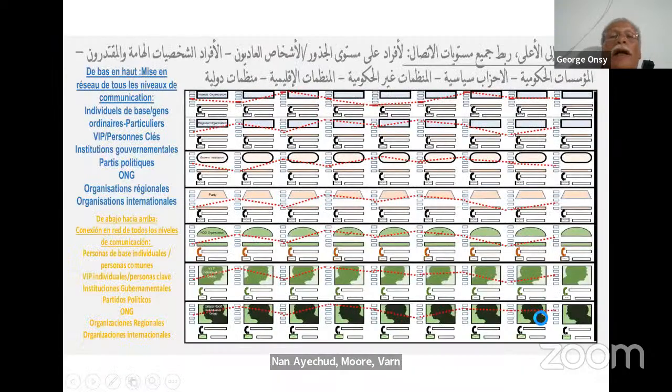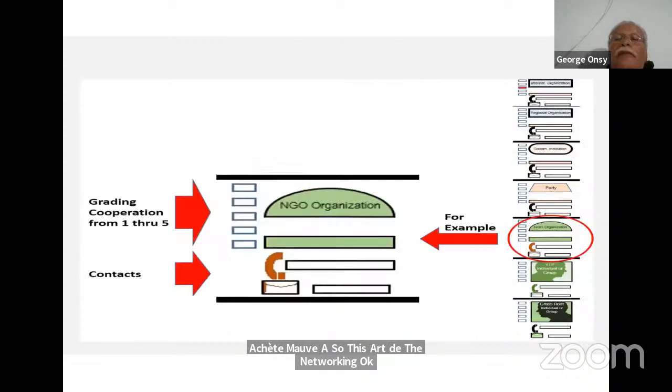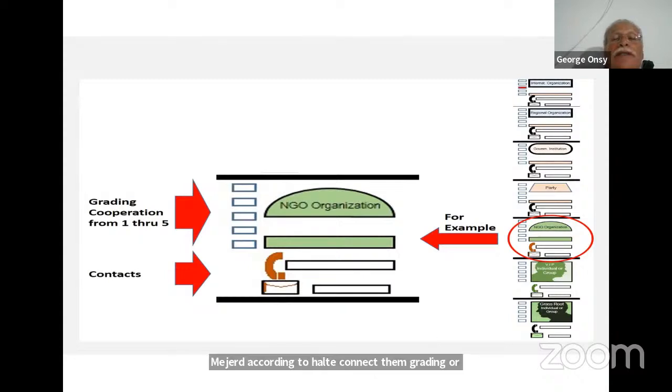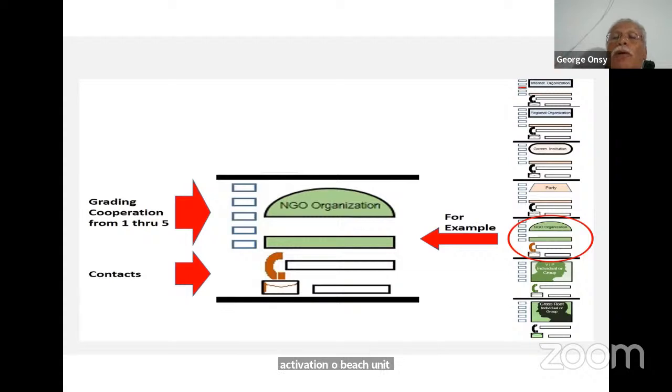So these are the networking, okay, in general, and it could be measured, as you see, because every unit of them could be measured according to how to connect them, with a 1 to 5 grading or evaluation of the connectivity and the activation of each unit, whether an institution, NGO, political party, individuals, anything.